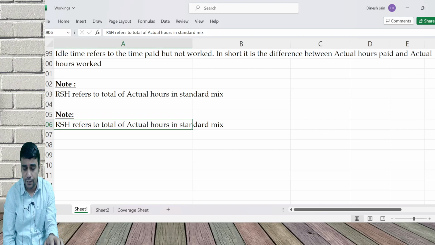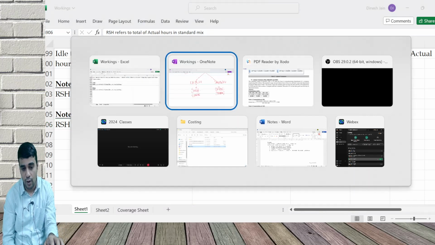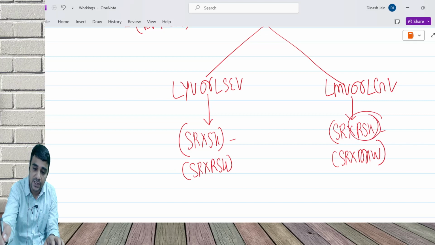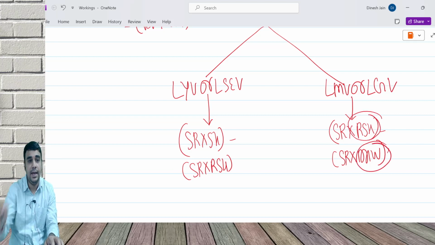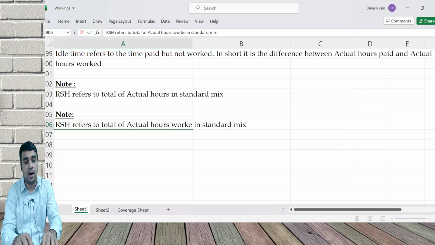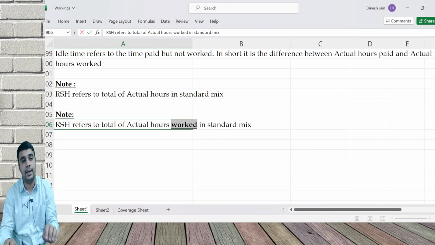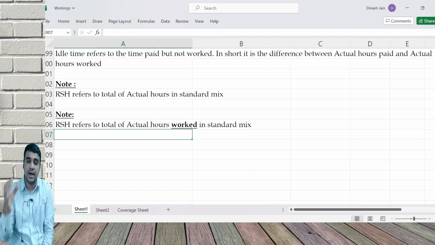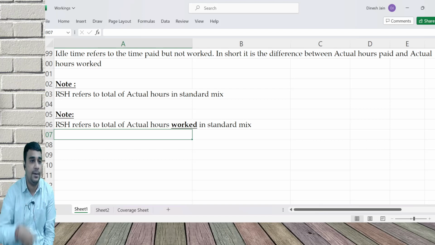Now in situation 4, RSH refers to the total of, listen, the formula for your mix variance compares RSH with what? AHW. So RSH is the total of actual hours worked. This worked alone, maybe you highlight in a different color pen. Actual hours worked in standard mix. Because some students in a hurry have taken actual hours paid in standard mix and done the problem.